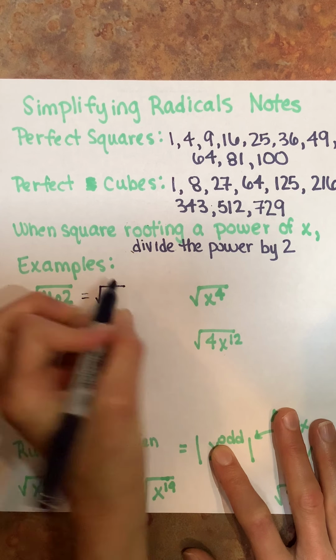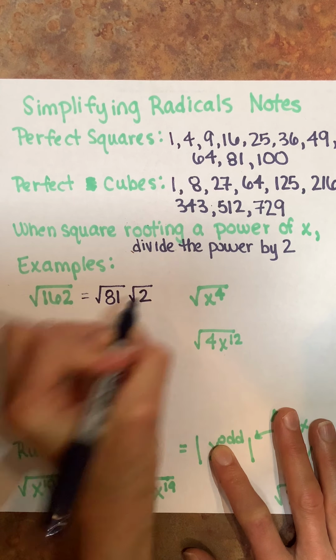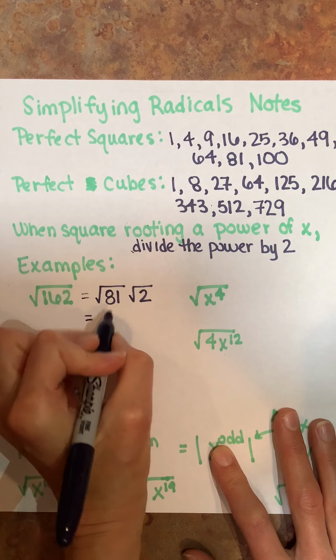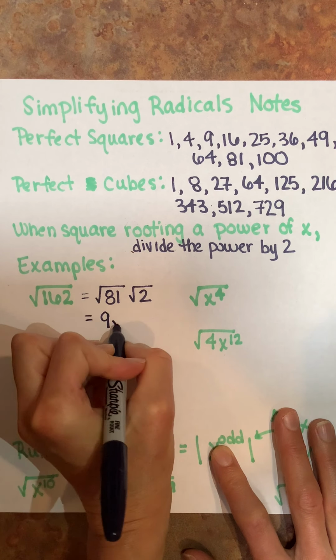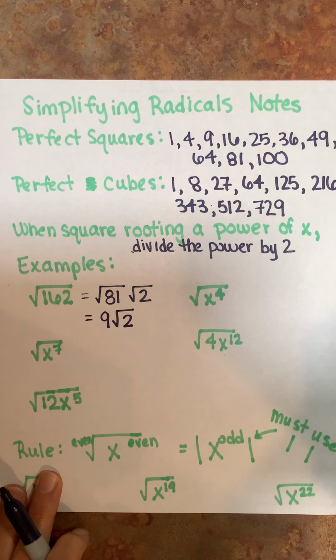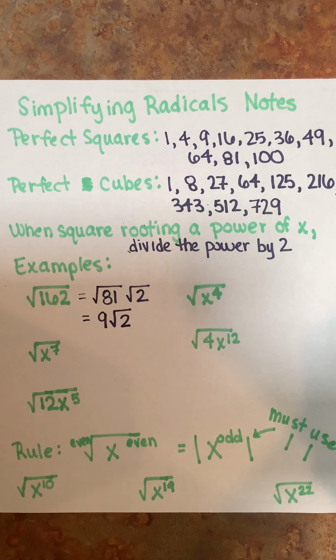Earlier in the year, we simplified radicals like this. 81 times 2 is 162. So simplifying, the square root of 81 is 9, and that simplifies to 9 root 2. When we simplify a radical, we're just trying to get the number under the radical as small as possible by factoring out any perfect squares.